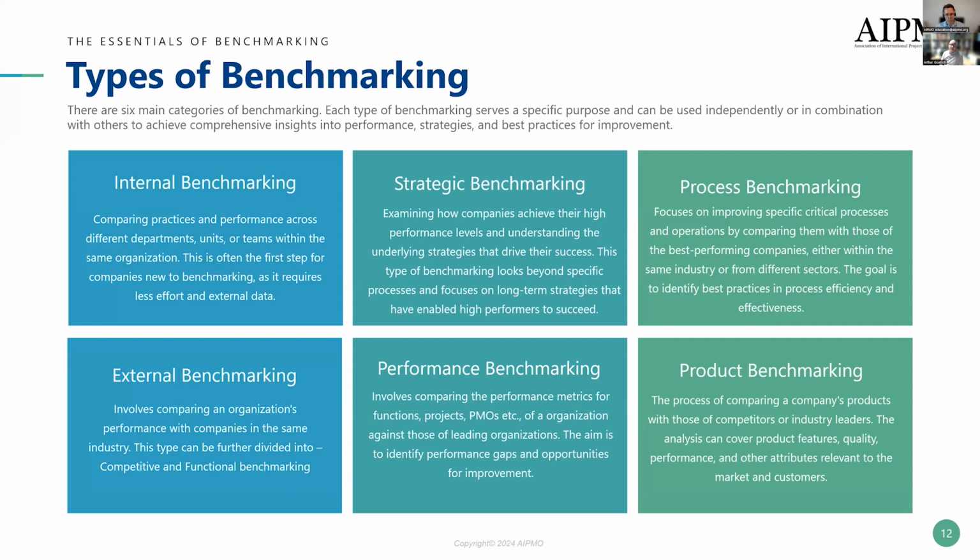And then there's also external benchmarking, where you're looking at other organizations, typically in the same industry, but something that's unique on our maturity model is it's agnostic of the type of industry. We can measure any type of industry. It's not for a specific type. And therefore, you can also find yourself comparing your PMO to a PMO in a different industry.